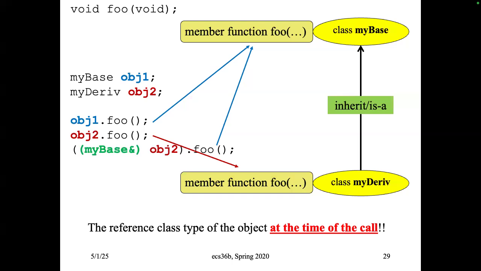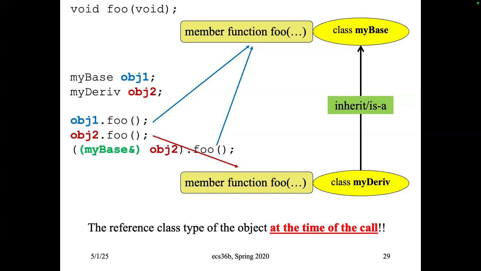Meaning, can the compiler help decide whether the foo belongs to the base or the foo belongs to the derived? If you think yes, please raise your hand. If you say no, please raise your hand. Okay, the answer is yes.